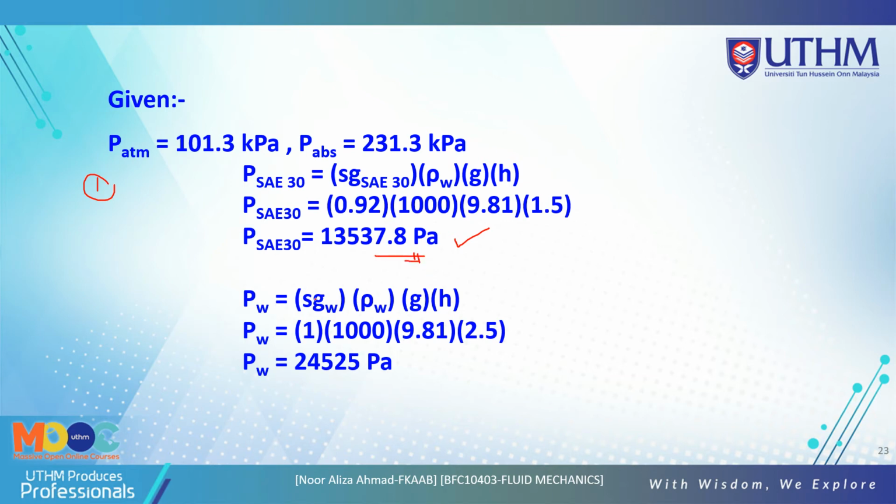So for the pressure at water, we know that the density of water is 1000, so you just do the 1000.